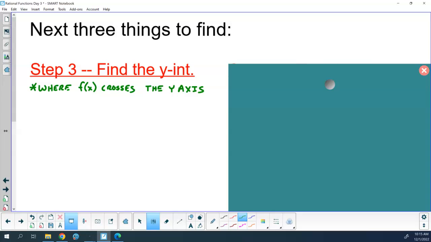With any function, a line, a quadratic, a rational, a quartic, any function, how do we find the y-intercept? Plug in 0 for x, and we figure out what the result is.